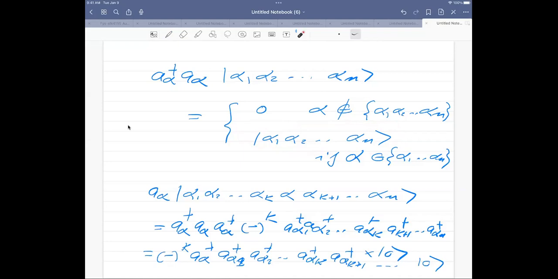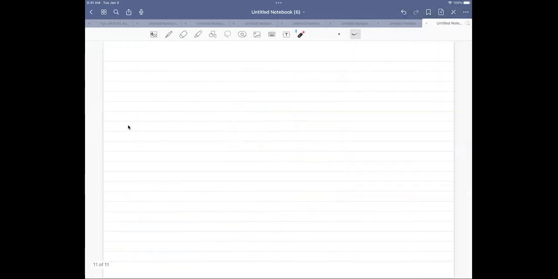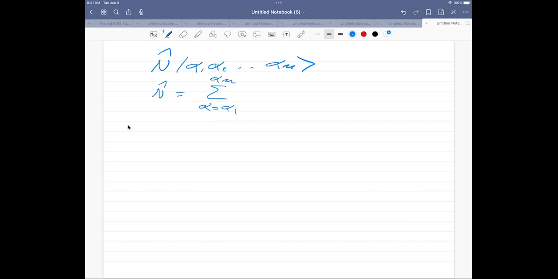If you then act on a specific state with a sum over all these creation and annihilation operators, so if I now take this operator N and act on a state alpha 1, alpha 2 up to alpha N, and my summation here runs from alpha equal to alpha 1 up to alpha N. So if I'm running through all these states, so then I have an A alpha dagger, A alpha.